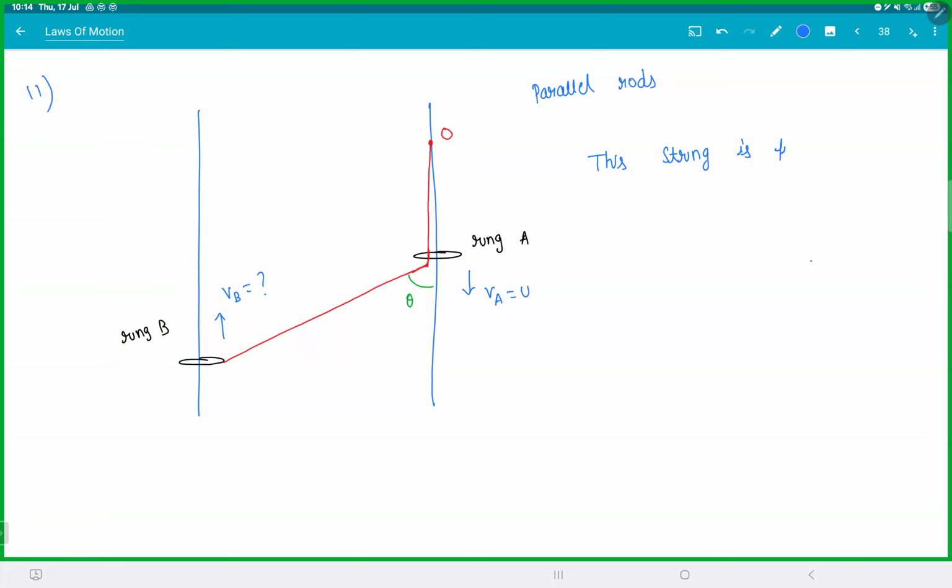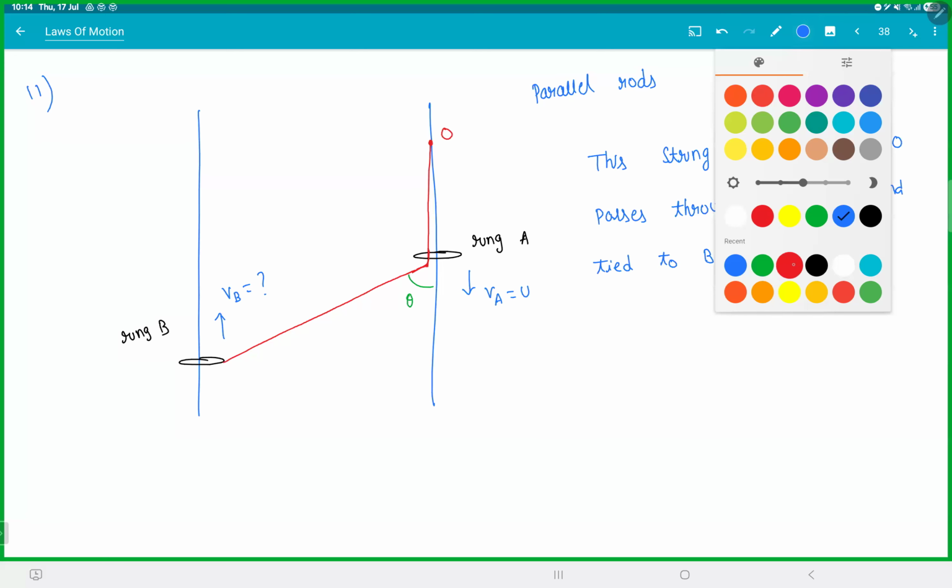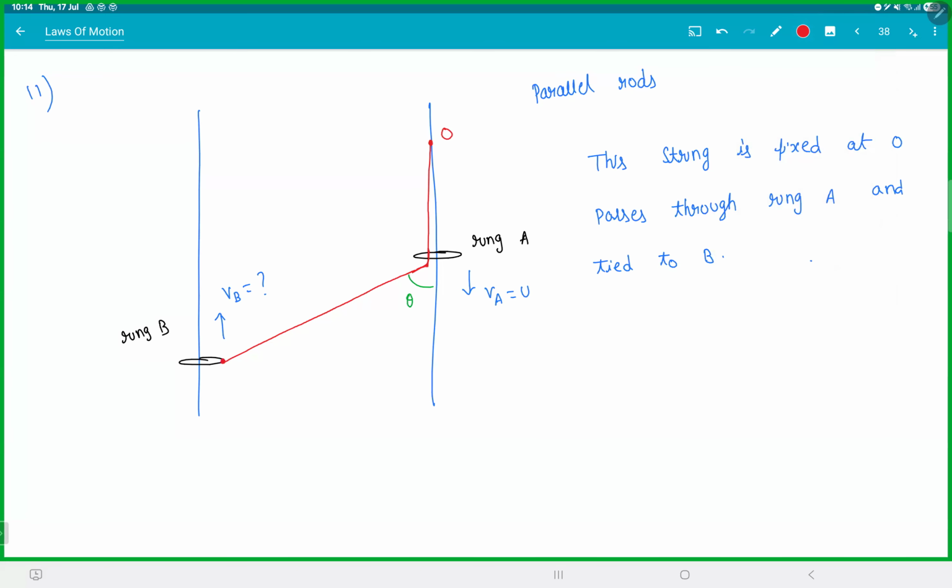The string is fixed at point O, and then it passes through ring A. It is not attached to A, and then it is tied to B. So this point here, it is tied.